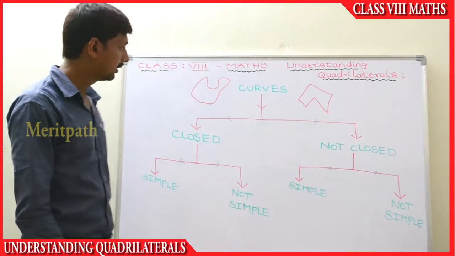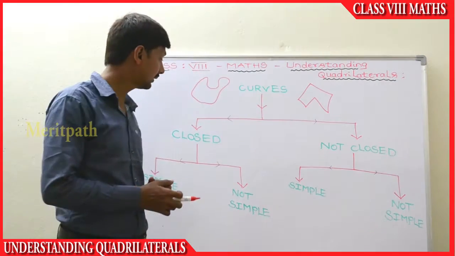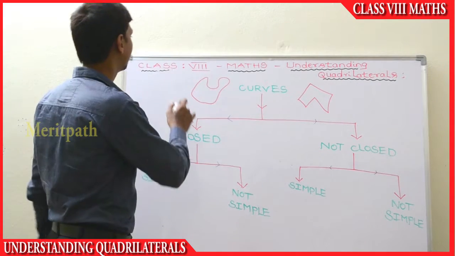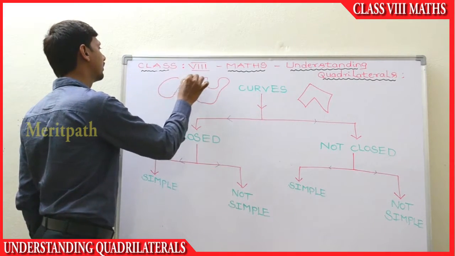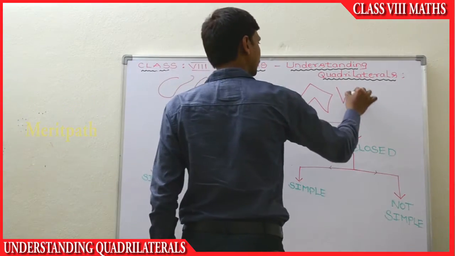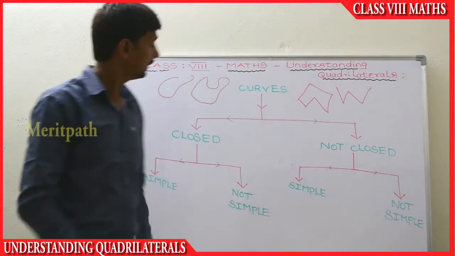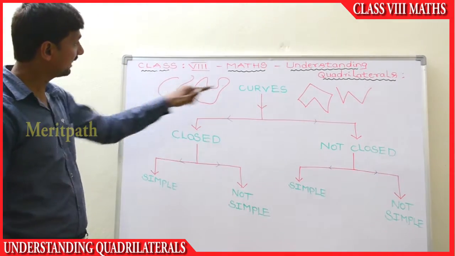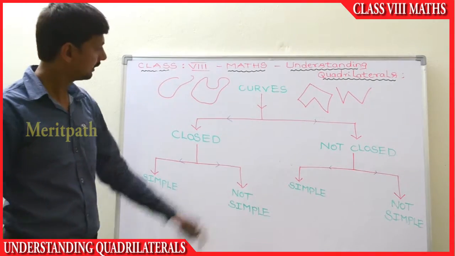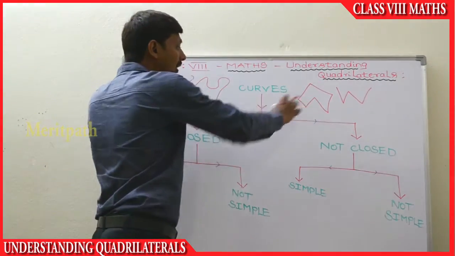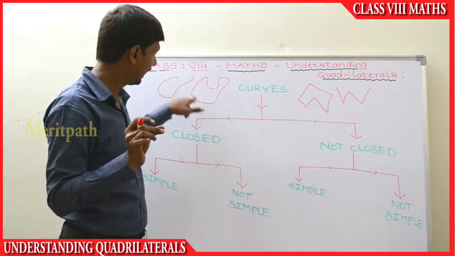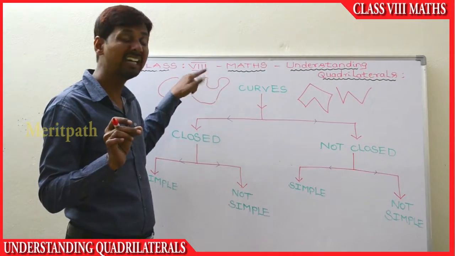And we have different types: closed curve and not closed curve. Curves need not be closed. Sometimes it can be open. These two, with both ends open, are called open curves, and these two are called closed curves, because we started where we have started and we join to the initial point.